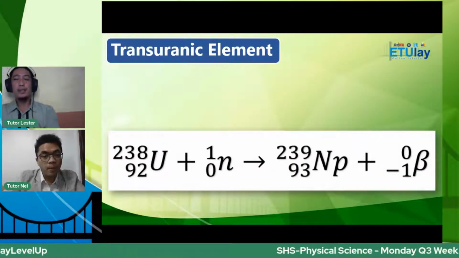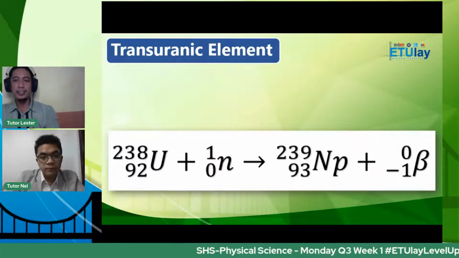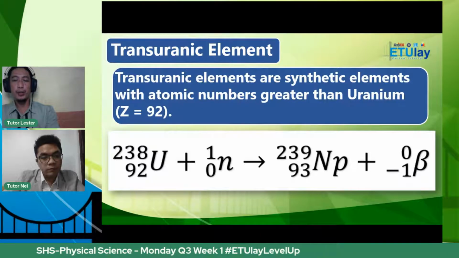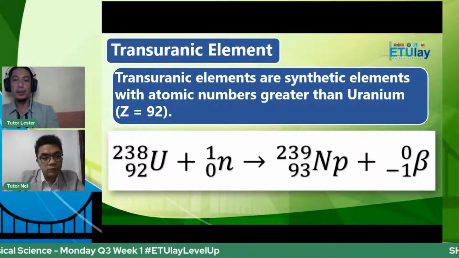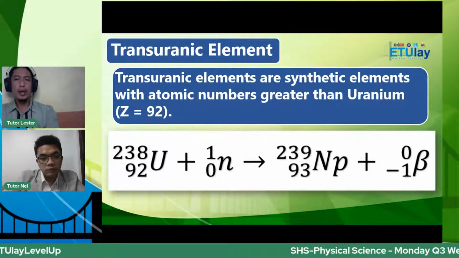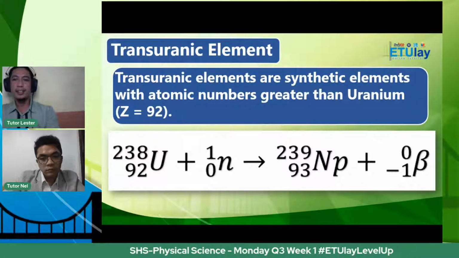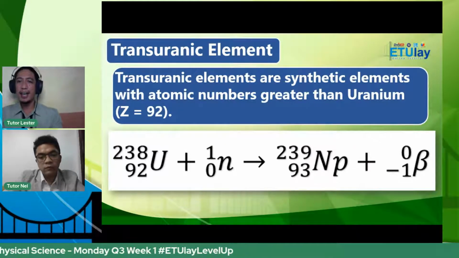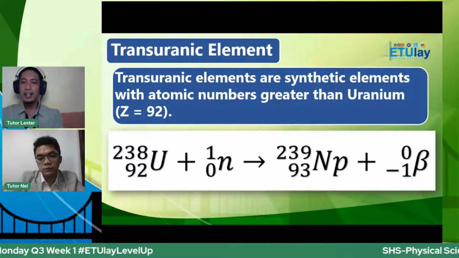Thanks, Tutor Nel. So, in the 1930s, the heaviest element known that occur in nature was uranium with the atomic number 92. When elements having atomic numbers greater than 92 were synthesized, they were known as the transuranic elements. All right.